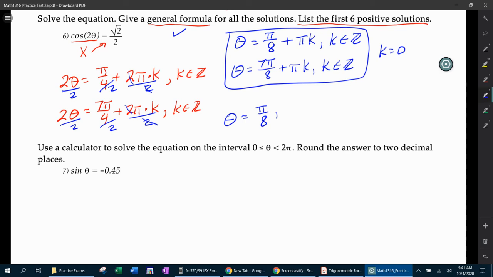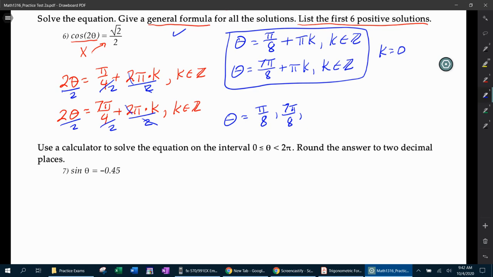If I plugged in negative 1 for k, because negative 1 is also an integer, that would give me a negative angle, but I need the first 6 positive solutions. So we're starting at 0. K is 0. And then the next positive solution would be plugging in 0 into the second general formula, giving me 7 pi over 8, okay?